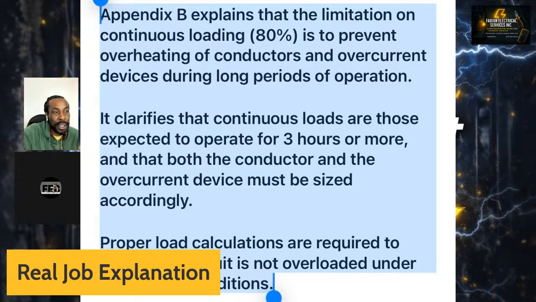It clarifies that continuous loads are those expected to operate for 3 hours or more, and that both the conductor and the overcurrent device must be sized accordingly. Proper load calculations are required to ensure the circuit is not overloaded under continuous conditions.